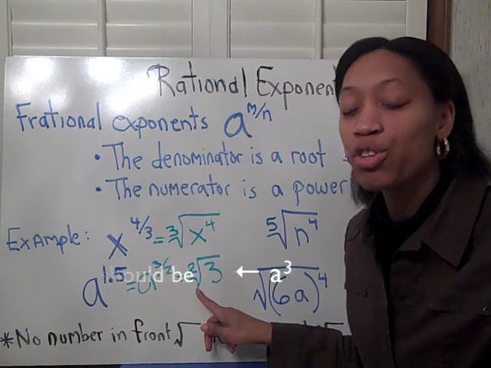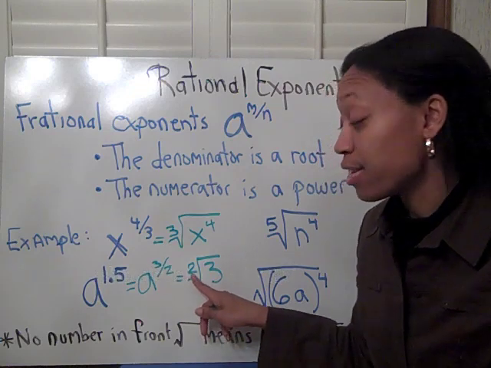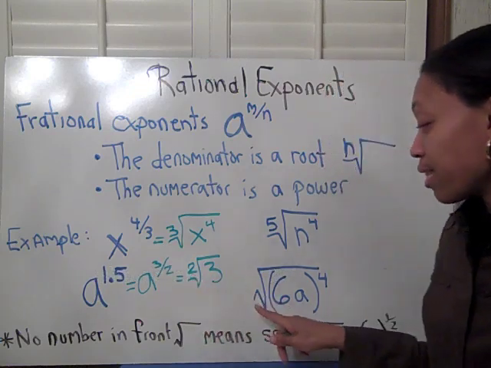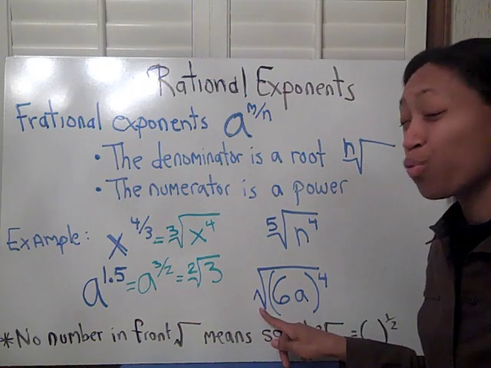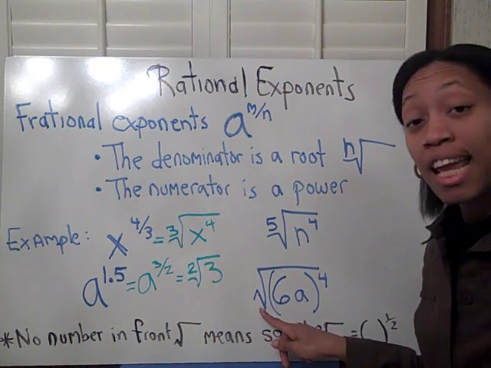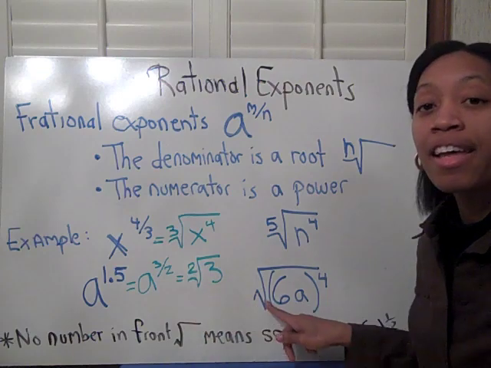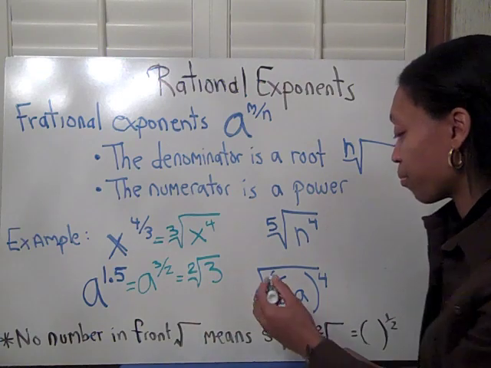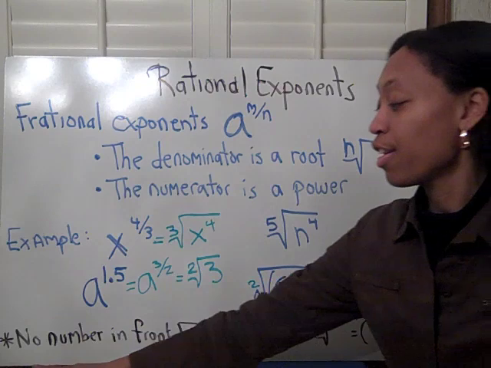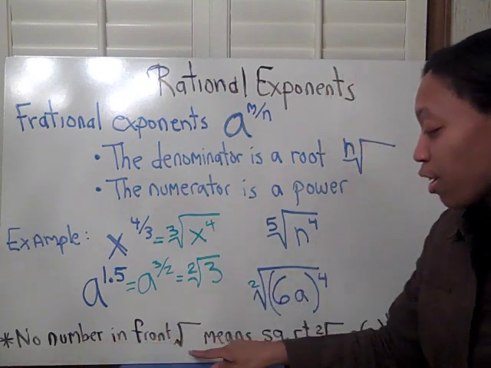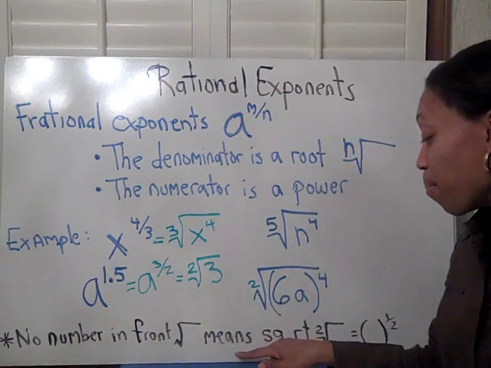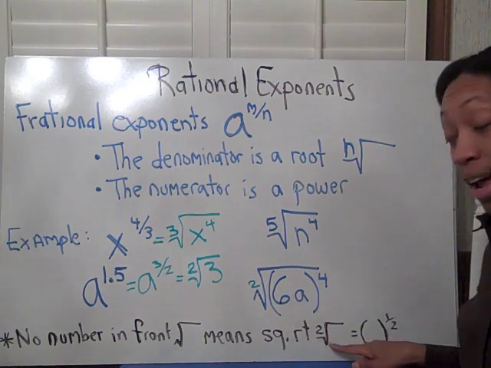And actually, you don't even have to write this 2. If you see something like this example where there's no number out front, it's the same as this with a 2 in front. It's a square root. If there is no number in front of the square root, that means square root, like a 2.